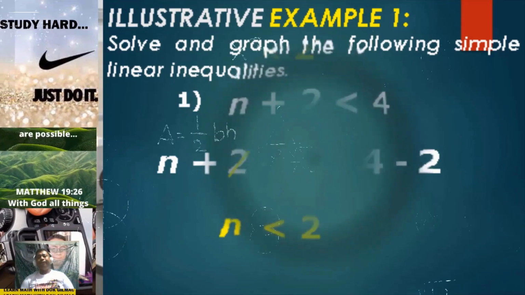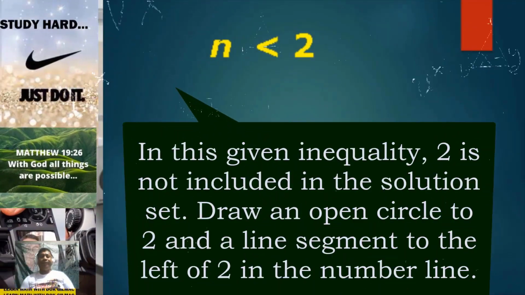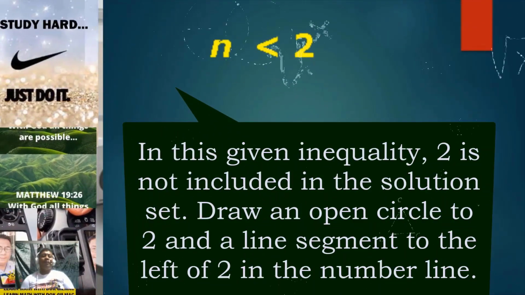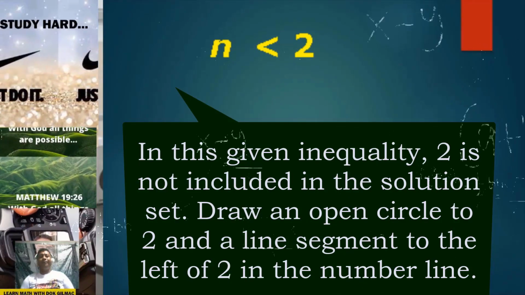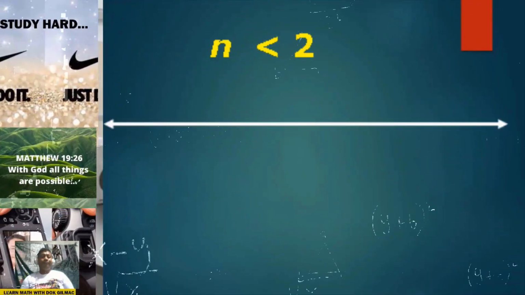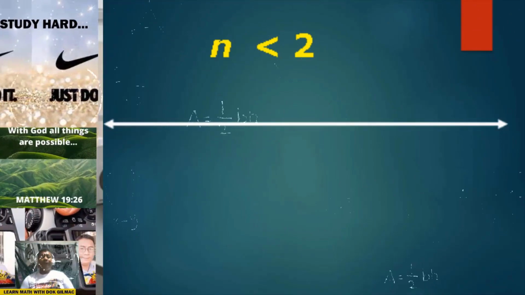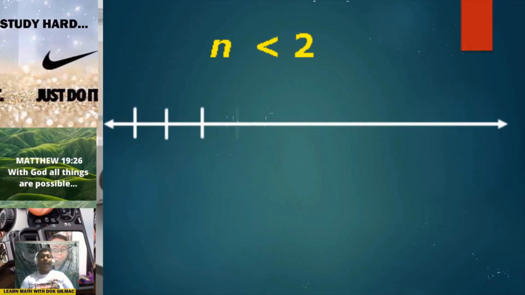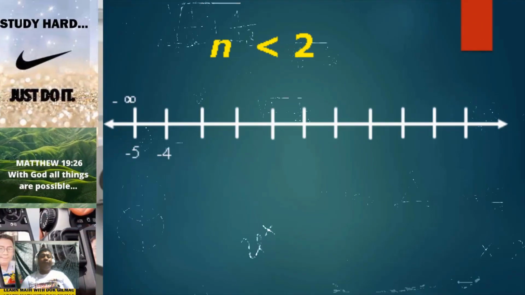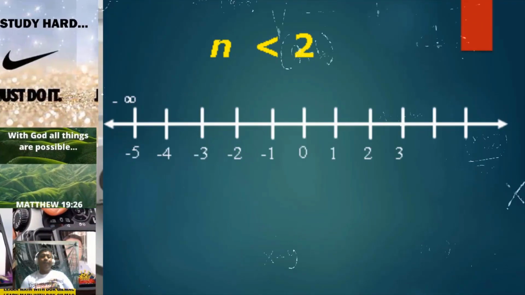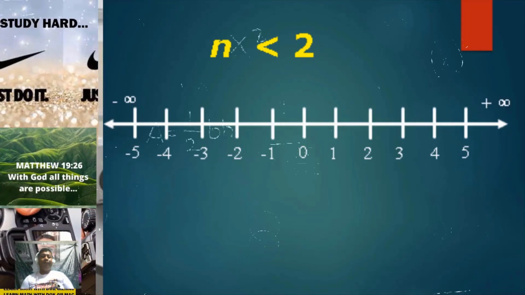Let's graph. We consider the value of n, which is less than 2 in the inequality. So we have a number line here from negative infinity up to positive infinity.